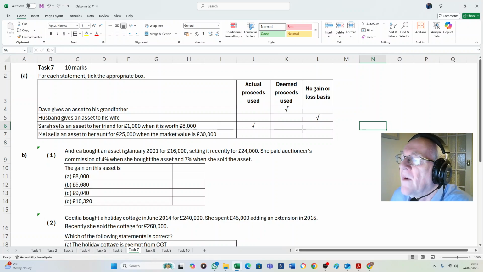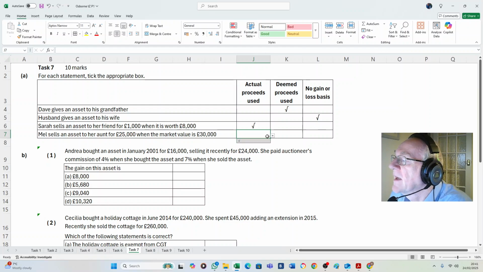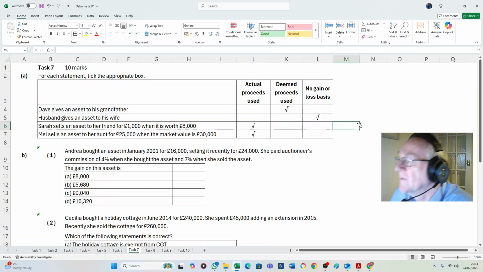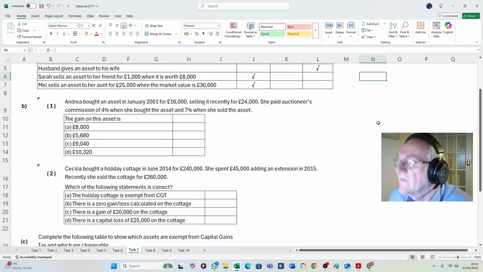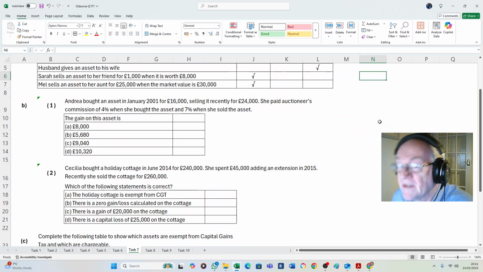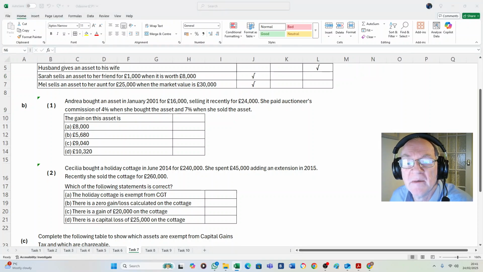And then this one, an aunt doesn't quite count as connected, not quite on the connected list. Market value: she's giving it away cheap, but who says it's 30,000? It's only worth £30,000 if somebody's willing to pay £30,000 for it.